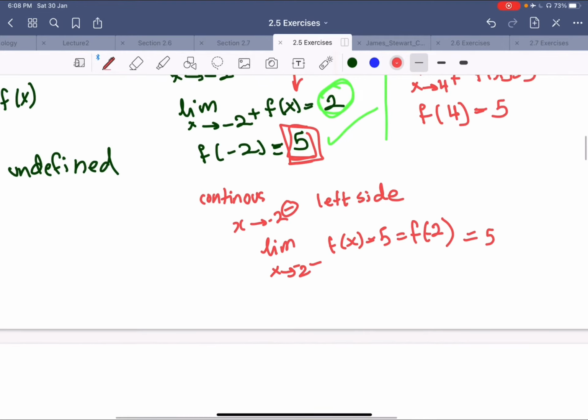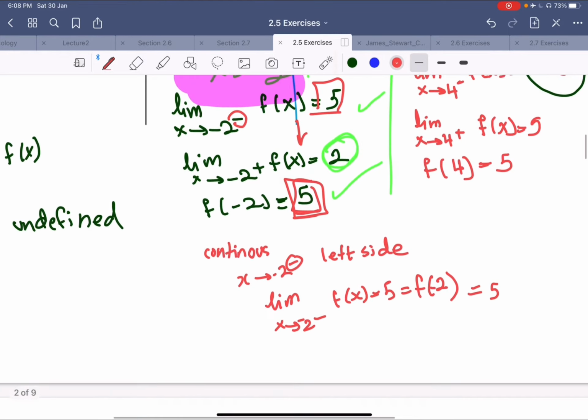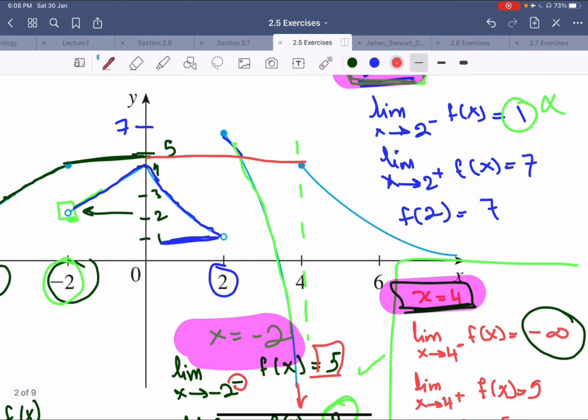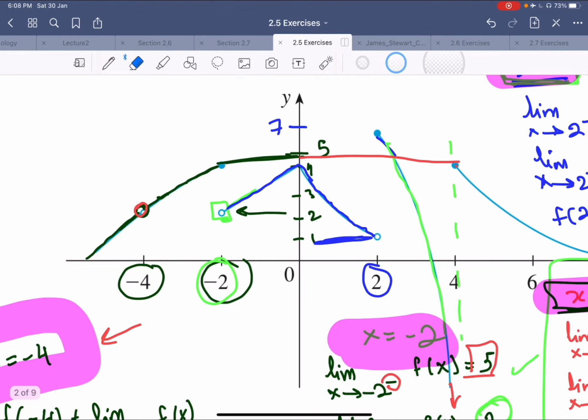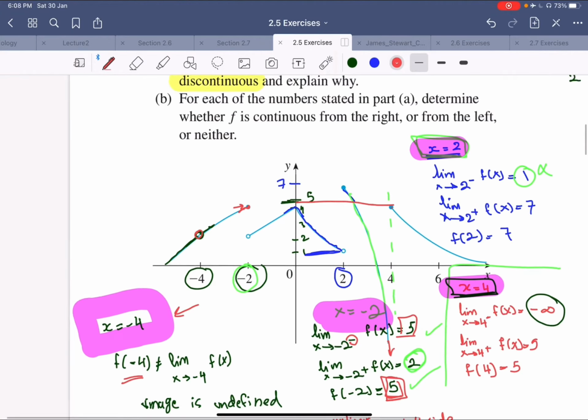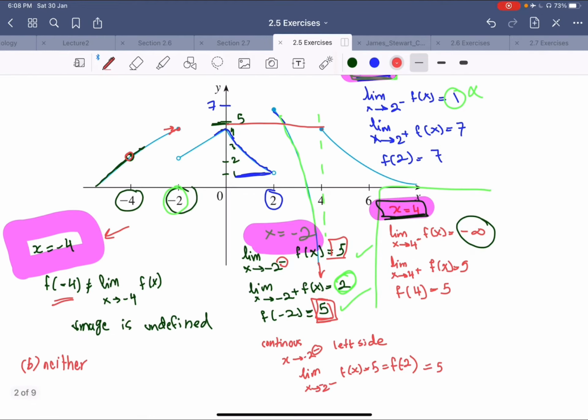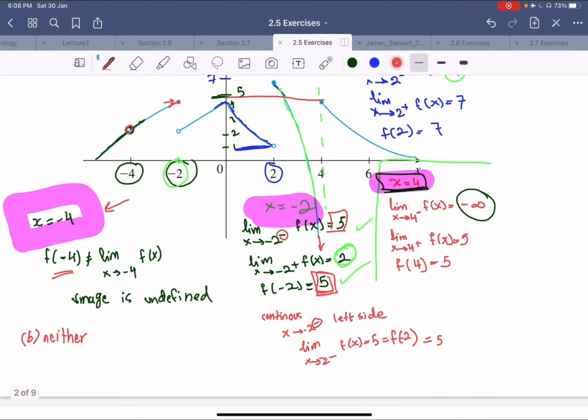So f of x is continuous when x approaches negative 2 from the left side only. Here, when you look at the drawing, the image exists here and it's connected from the left when it approaches negative 2. So the question asks continuous from the right, from the left or neither. So for x equals negative 2, it's continuous from the left.